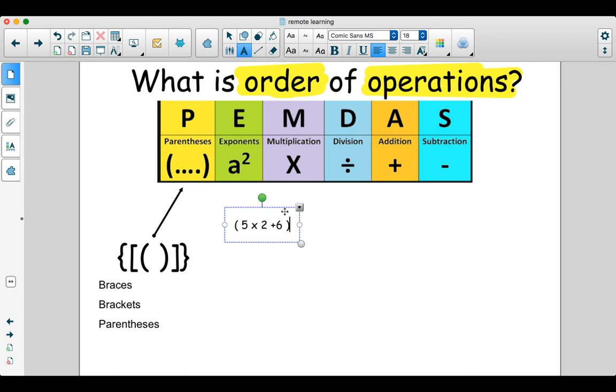I'm just going to leave this right here because at first I want to go over what PEMDAS is.